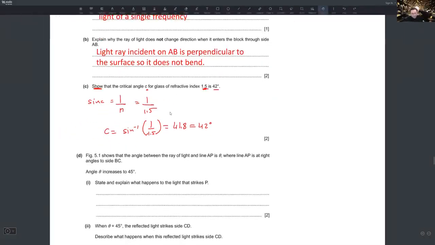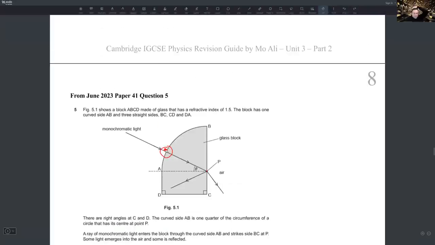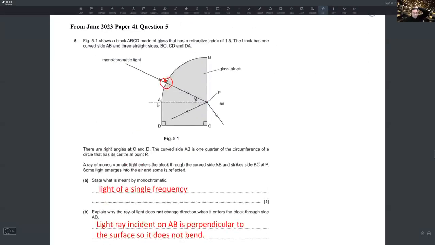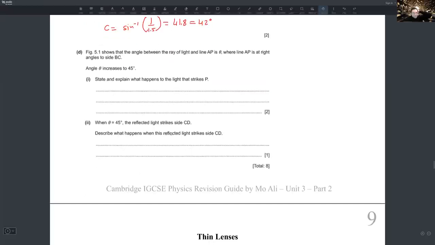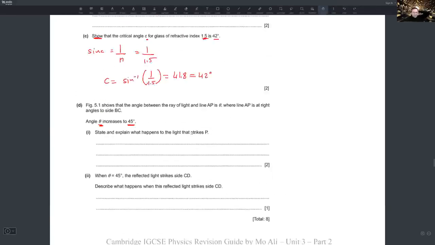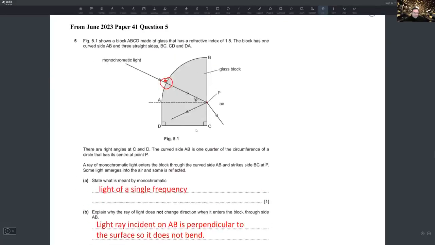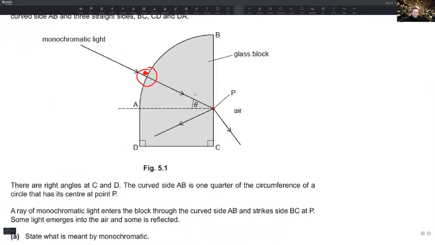Same question we did before. Figure 5.1 shows that the angle between the ray of light and AP is theta, where line AP is at right angles to the line BC. So here's AP, perpendicular to the line, and theta is the angle. The angle theta increases to 45. What will happen? If this angle increases to 45, it's more than critical.